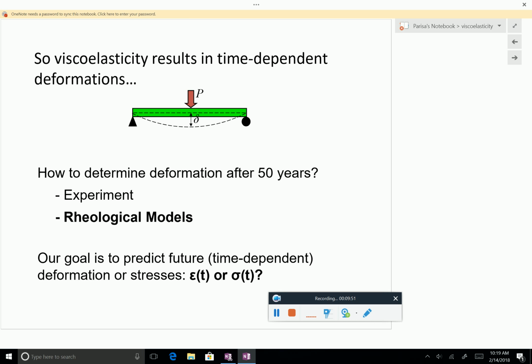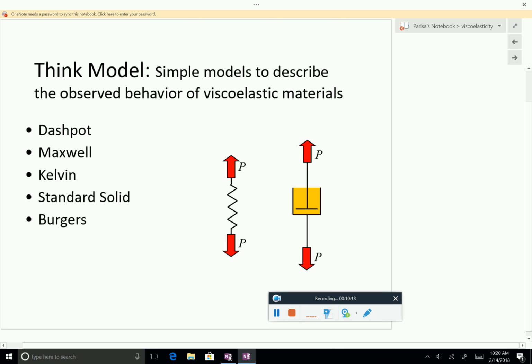So this is just to tell you why we have to go through this phase of understanding these viscoelastic models, because we need to predict the behavior over time. One way would be to do experiments for 50 years. But 50 years, then we are already old and we don't know what's going on. The other way has been to develop these models. And we choose the second option, to develop the models.